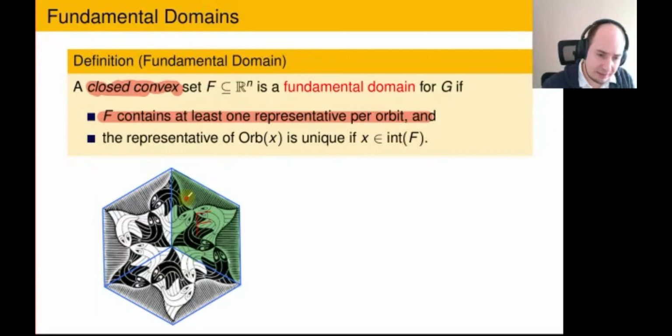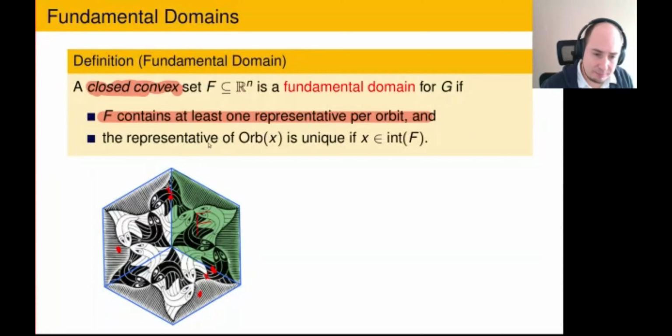For example, if I have an X here in the interior of this green set F, the orbit of X is somehow these 3 points that I guess are somewhere here. And then I have a unique representative of this orbit in F. But if I have this point X here in the boundary, then I cannot avoid having another element in the orbit that is also in F, right? So I have unique representations up to elements in the boundary.